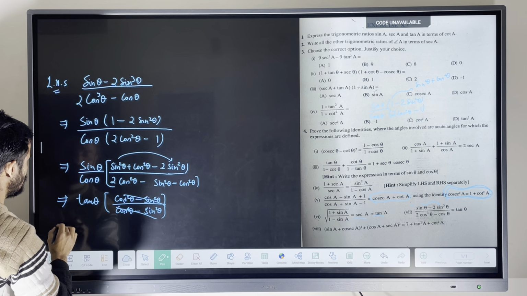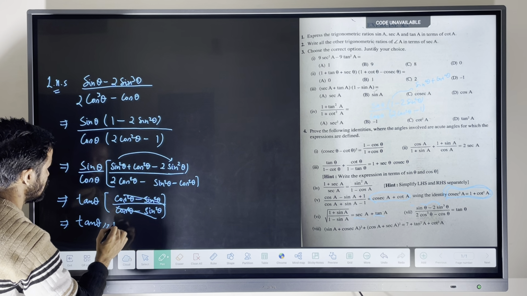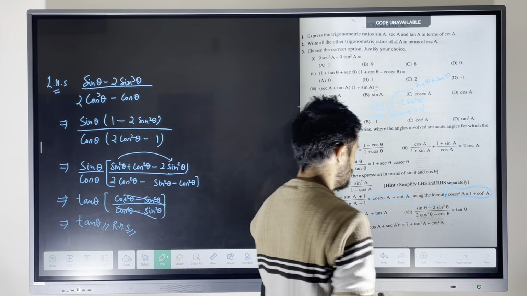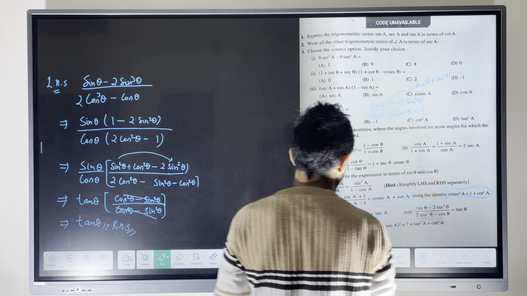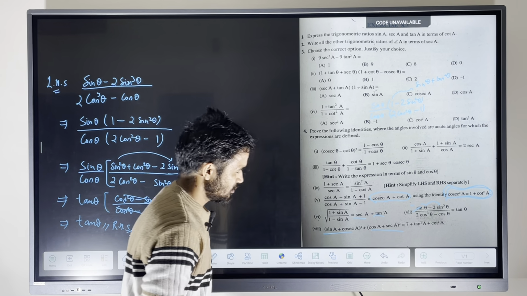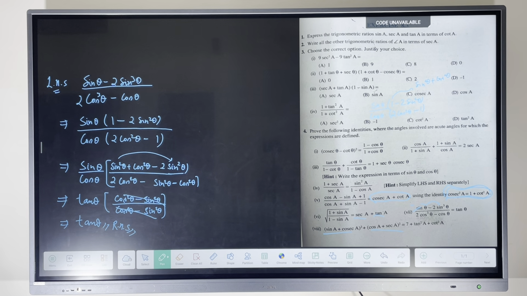They will cancel out each other, so we are left with only tan theta, and I think that is our right hand side. Okay, so now we have solved the 7th question. If you see the 8th question, similarly it is very simple. I think you will apply the identity of a plus b whole square.